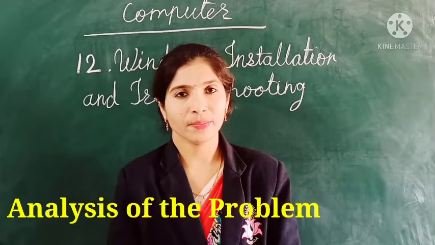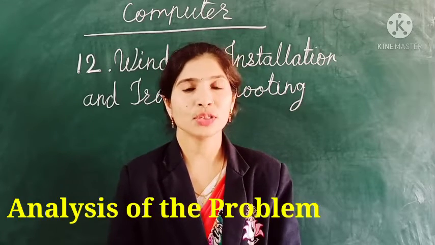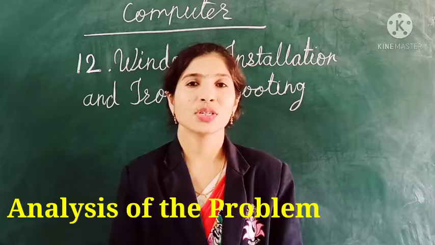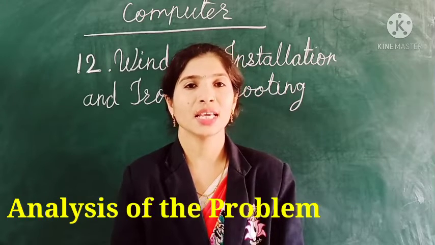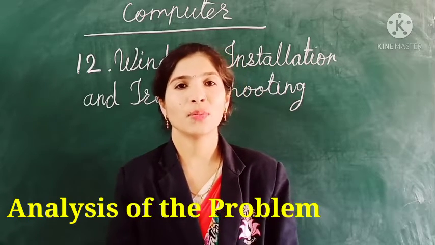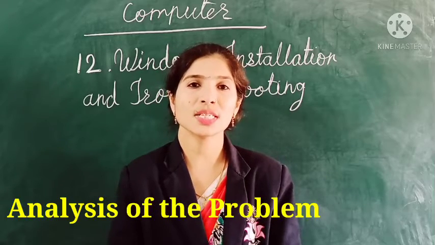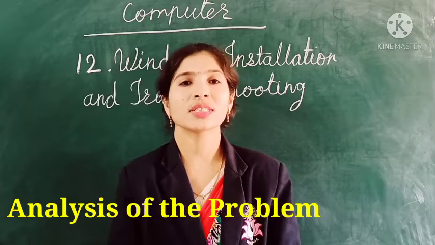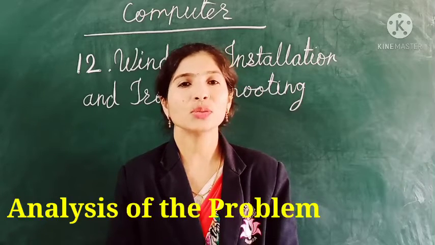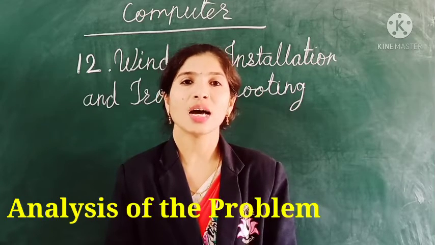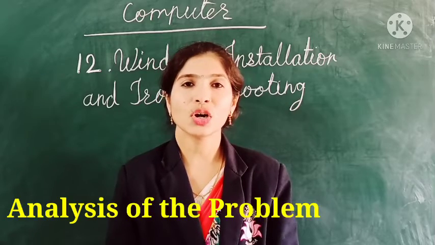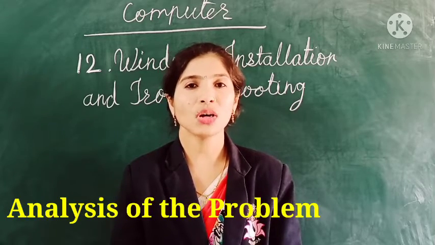Analysis of the problem. In order to troubleshoot your PC, first you should analyze the nature of the problem, such as what messages is your system giving on the screen. Are you able to boot your PC? Are the power indications of the monitor and CPU on?